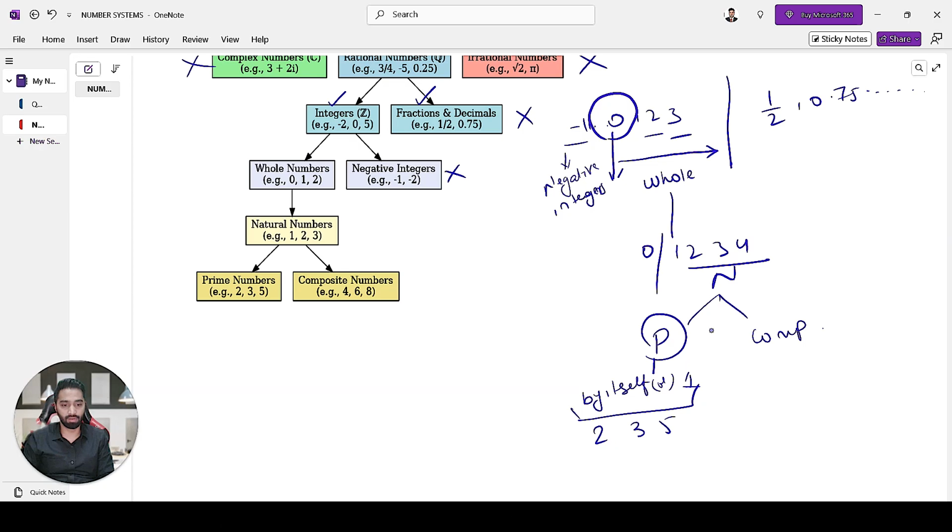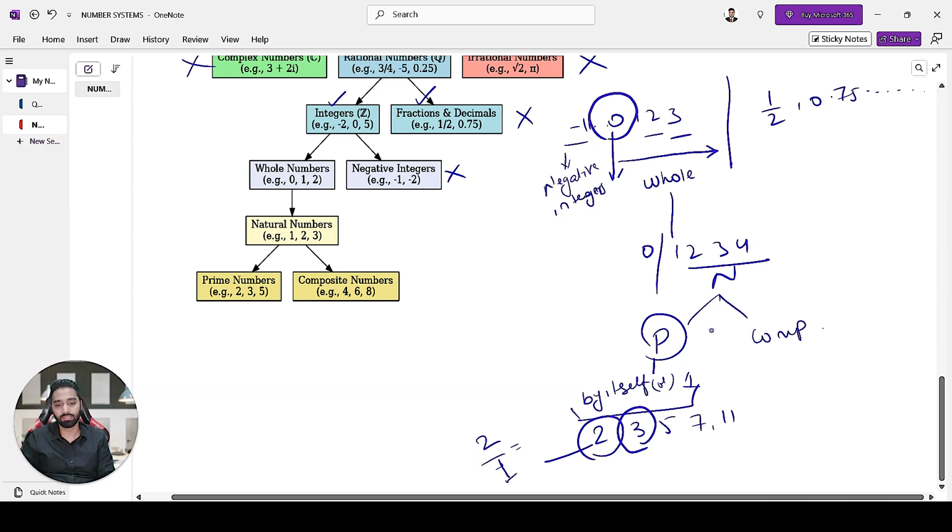Example 2, 3, 5, 7, 11. You cannot divide 2 with any other number. You cannot divide 3 with any other number except 1. So 2 divided by 1 is 2 only. But for composite, for an example 4, 6, 8, you can divide 4 by 2.